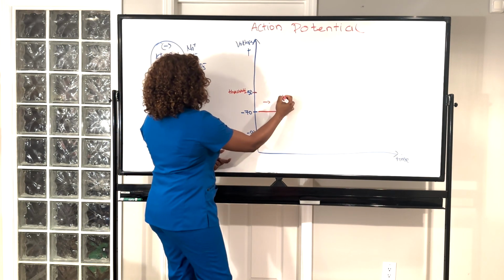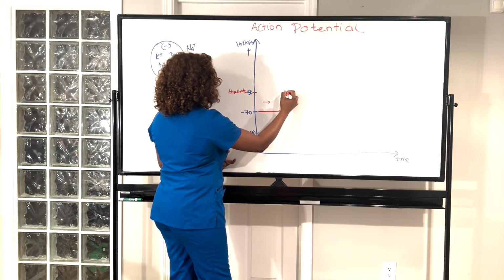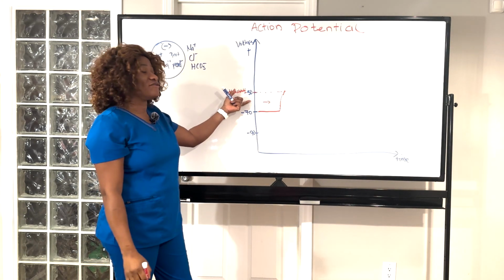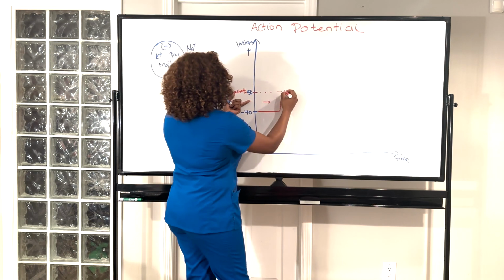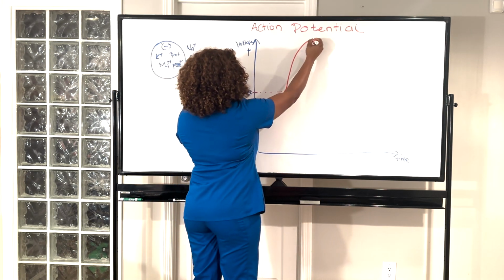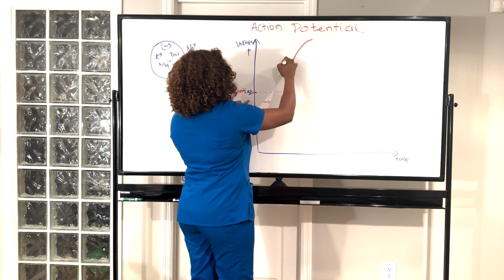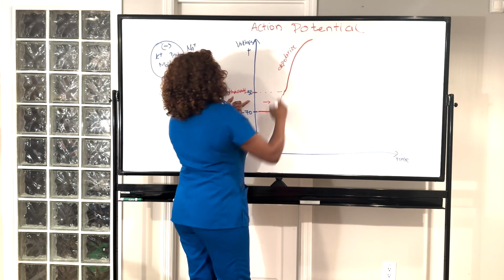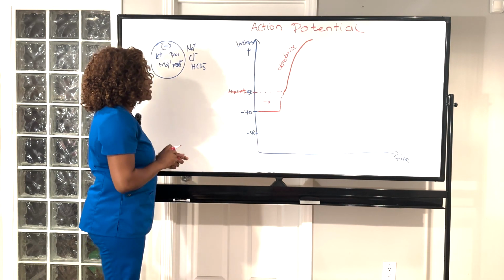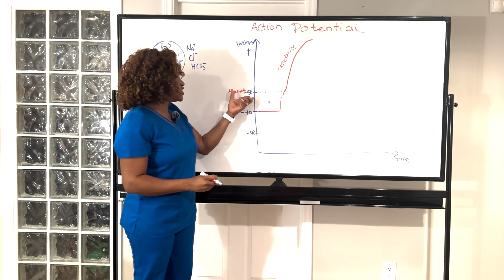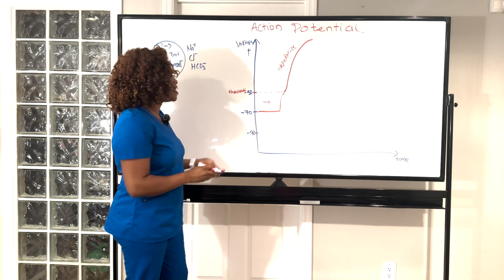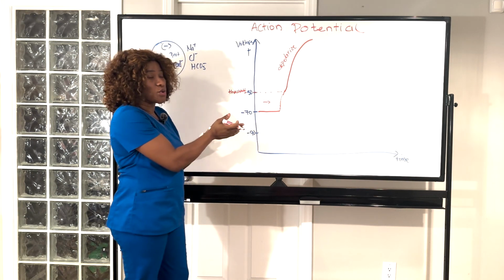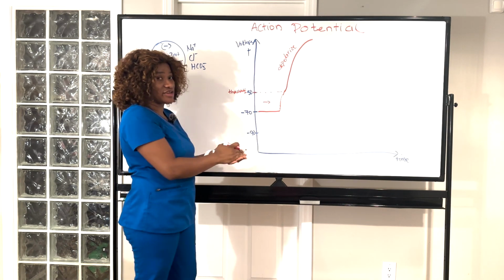So once the stimulus is able to reach the threshold of negative 50, we're going to have a generation of the action potential. The cells are going to depolarize their membranes. Now, if we have a stimulus that is not able to reach the threshold, we will not have this depolarization.